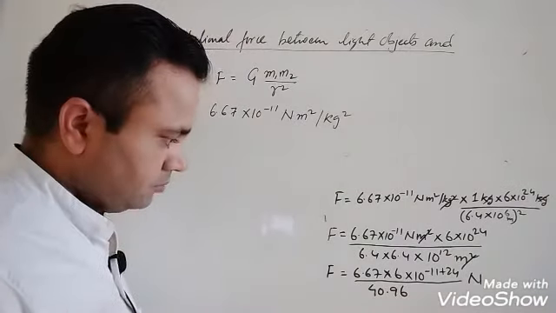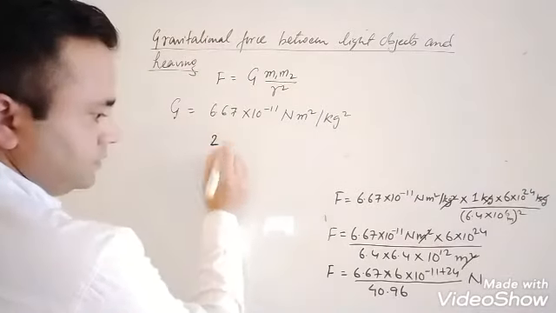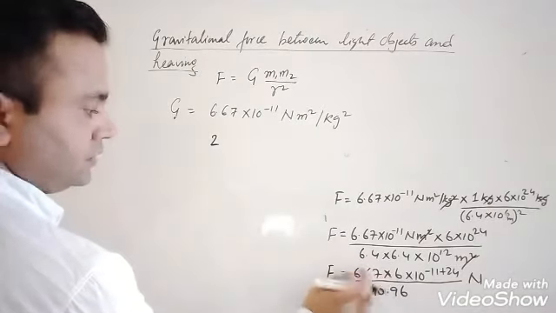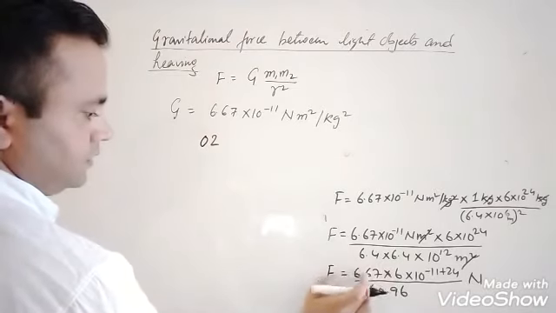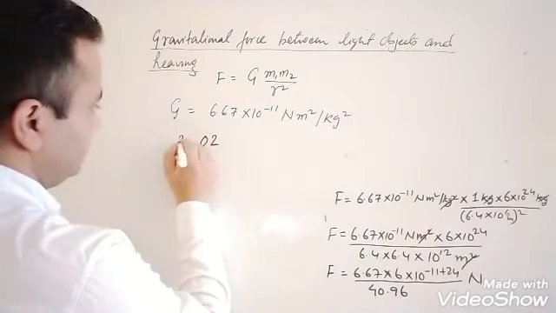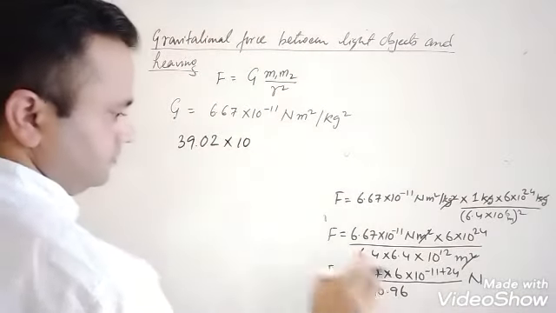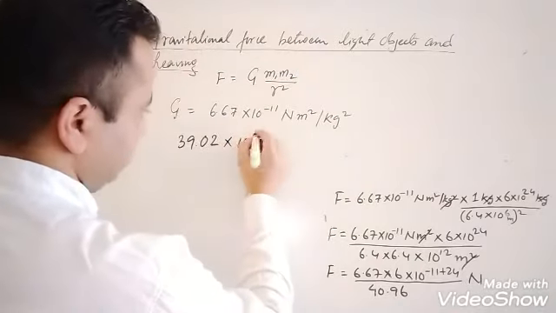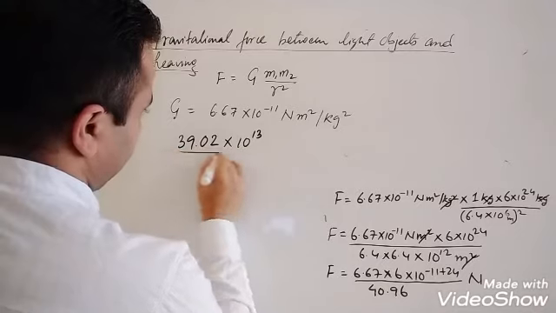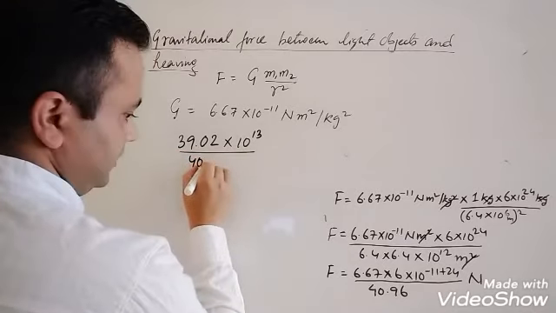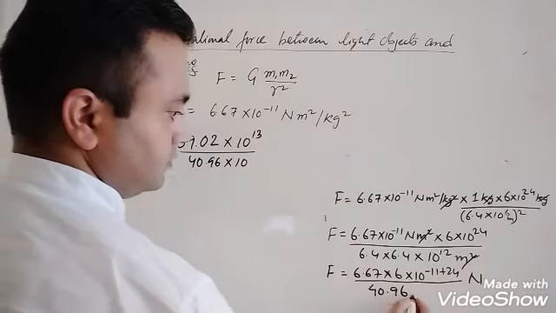Okay, now multiply these two. 6 7 42, 6 6 36, 39 into 10 to the power 24 minus 11 is 13, divided by 40.96 into 10 to the power 12.